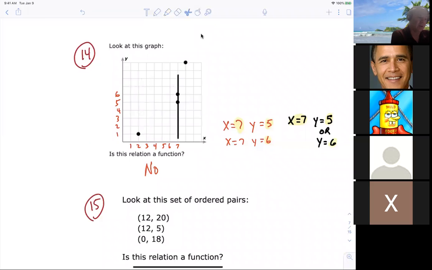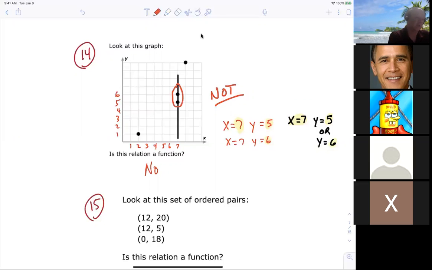So because at this value there are 2 different y values, it is not a function. All right, it's not a function. Now I have lots of examples. Okay. That makes a lot more sense. Thank you, Mr. Strauss. Yeah, you're welcome.